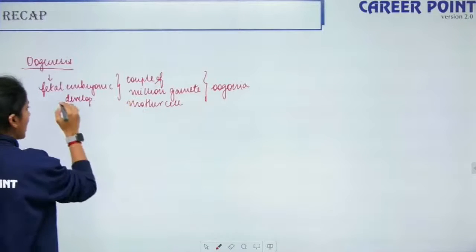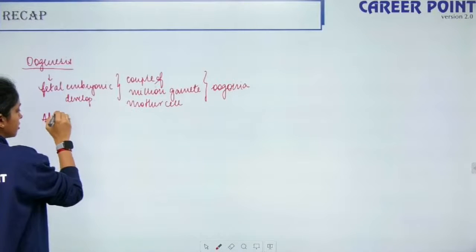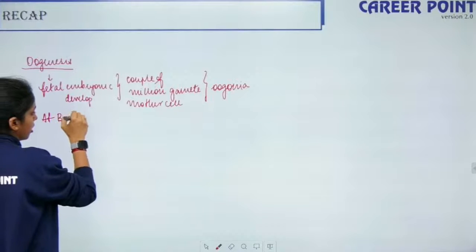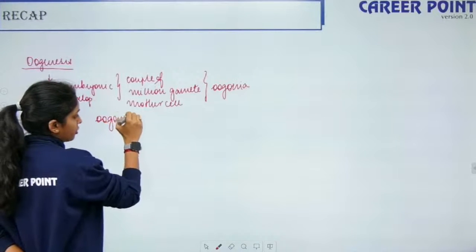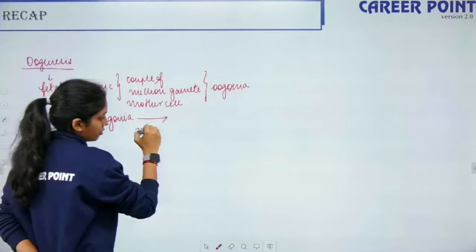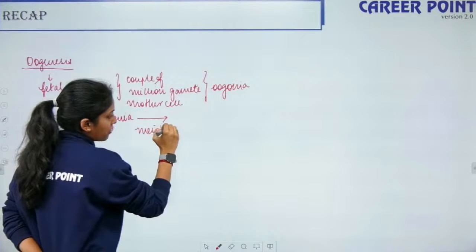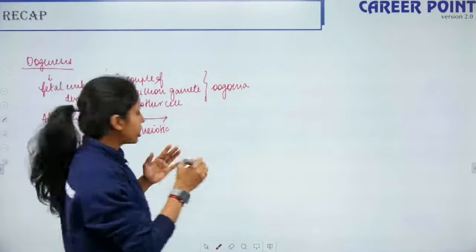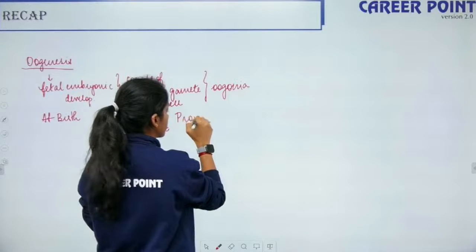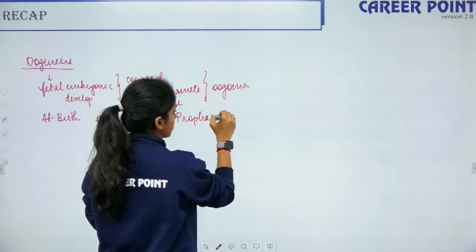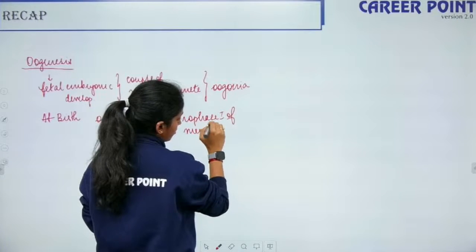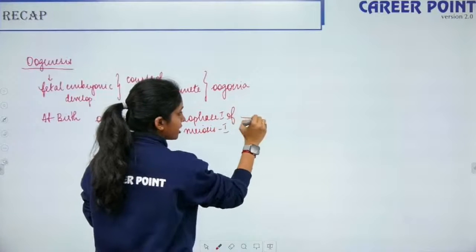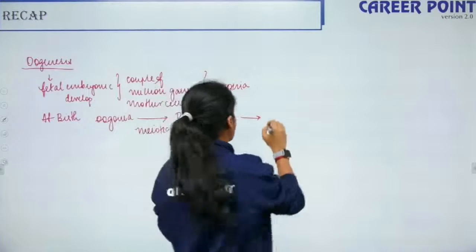What happens at the time of birth? The oogonia try to undergo meiotic division, but unfortunately get arrested in prophase 1 of meiosis. The resultant arrested product is the primary oocyte.